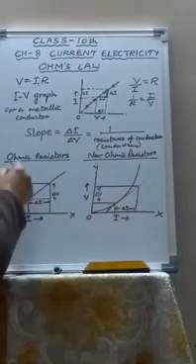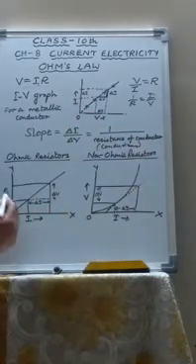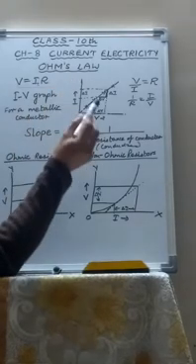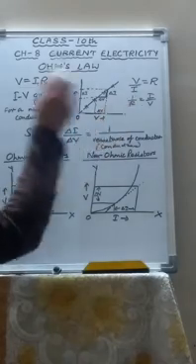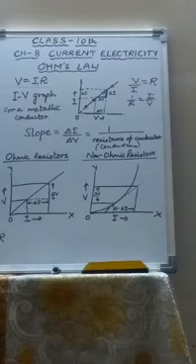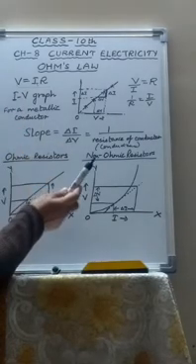And if we are plotting a VI graph, then the slope of the VI graph will give you resistance R. So you have to see the graph carefully. IV graph gives 1 upon R, and if it is a VI graph, it directly gives the resistance of the conductor.